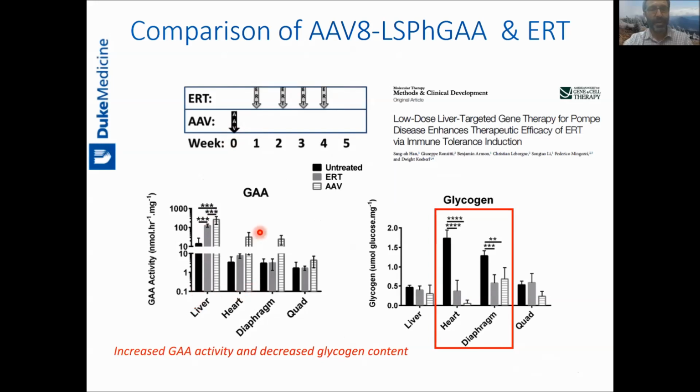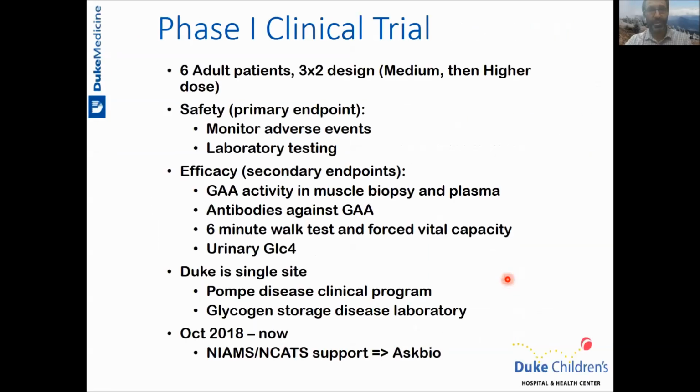Down here, a trend towards the GAA increasing with the gene therapy, but both treatments clearly lowered the glycogen, and this shows in the heart barely any detectable glycogen after gene therapy, which would be the normal amount of glycogen in the heart, and an equivalent remaining glycogen in the diaphragm for either the weekly ERT or the low dose gene therapy. This told us that potentially gene therapy could replace ERT in Pompe disease.